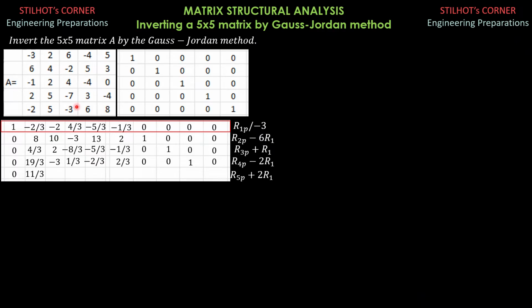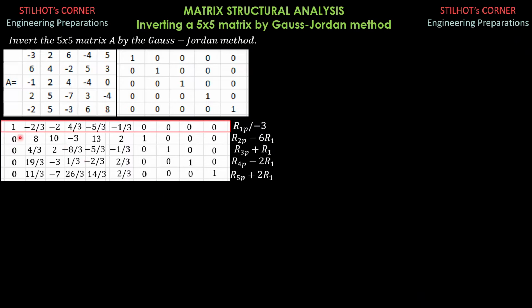Negative 3 plus 2 times negative 2, negative 7. 6 plus 2 times 4/3 is 26 over 3. 8 plus 2 times negative 5/3 is 14 over 3. 0 plus 2 times negative 1/3 is negative 2/3. 0 plus 2 times 0 is 0. 0 plus 2 times 0, 0. 0 plus 2 times 0, 0. Then 1 plus 2 times 0 is 1.